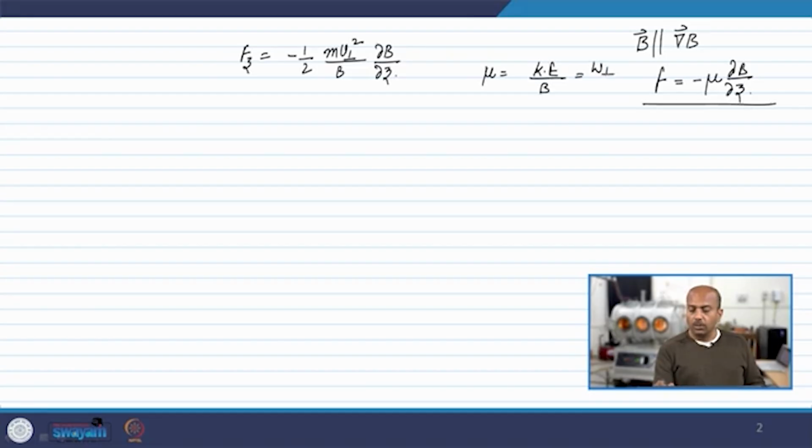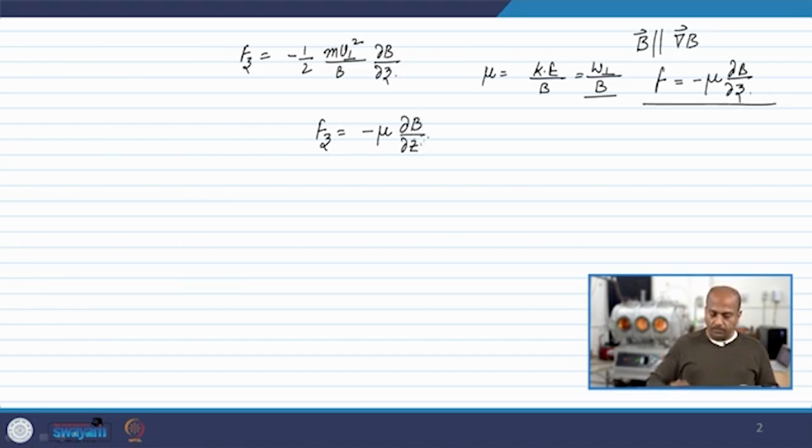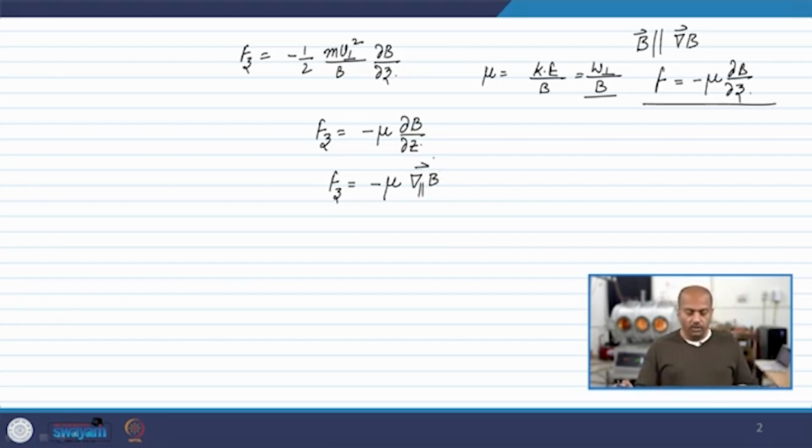So, if you use that, we can write Fz as minus mu ∂B/∂z, or we can write a generalized expression as the z component of the force is minus mu times the parallel gradient along the direction of the magnetic field, right.